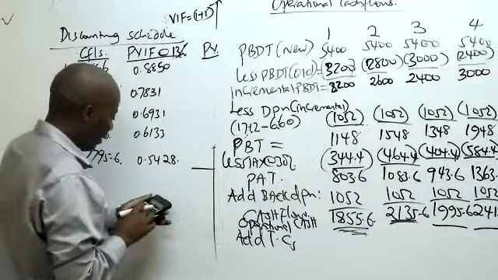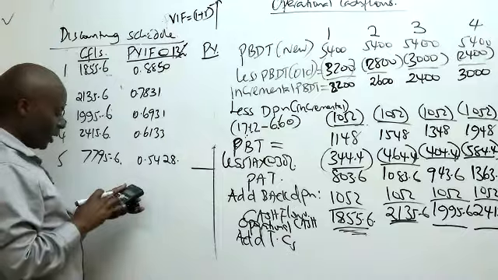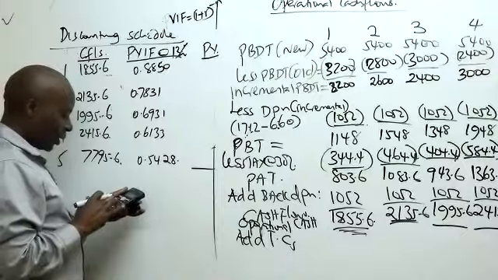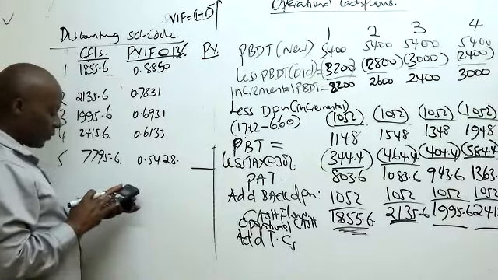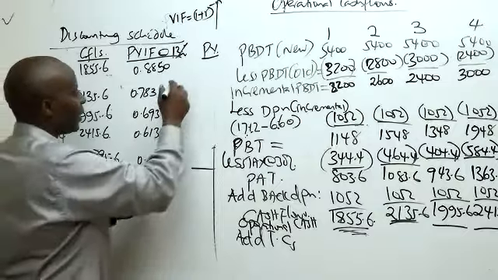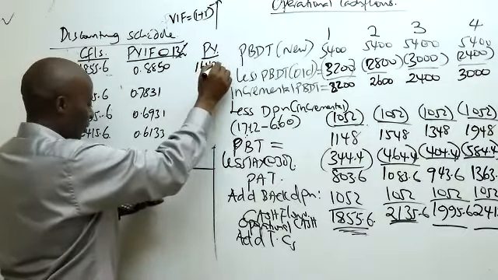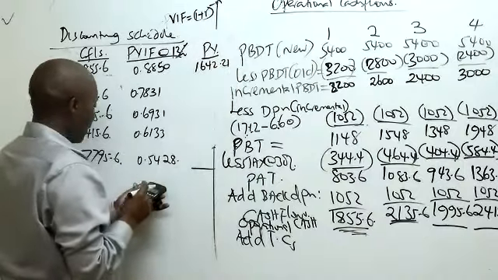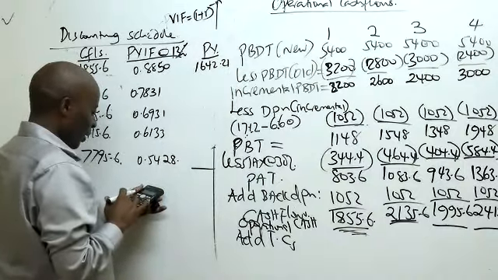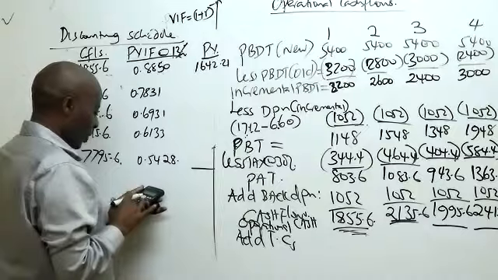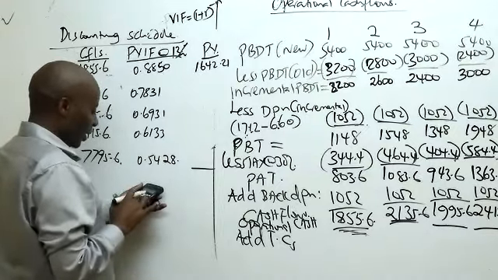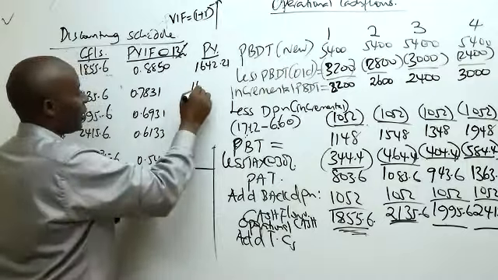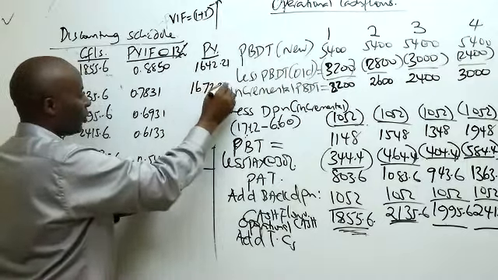So now come and multiply this very fast. 1855.6 times 0.885 gives us 1642.21. 2135.6 times 0.7831 gives us 1672.39.